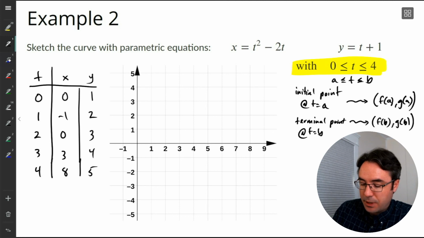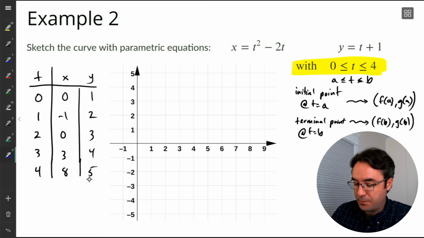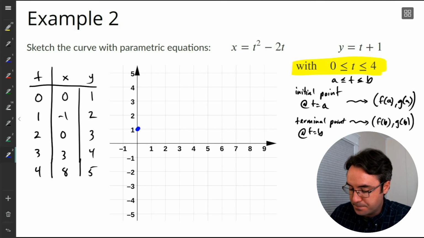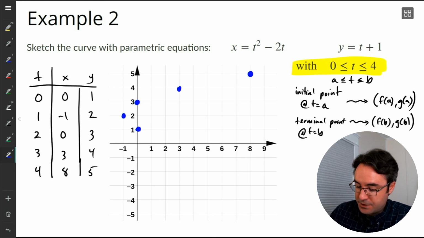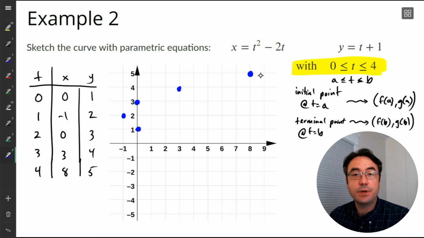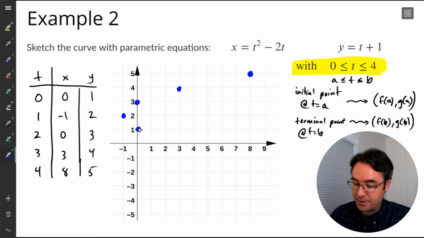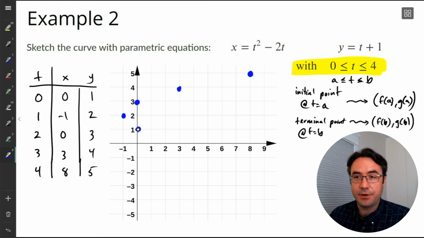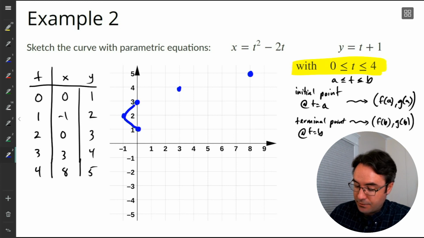And now we're just plotting these points. Again, we're still going to trace this curve out in increasing time. We're going to start at the smallest time value and then trace out our curve from there.